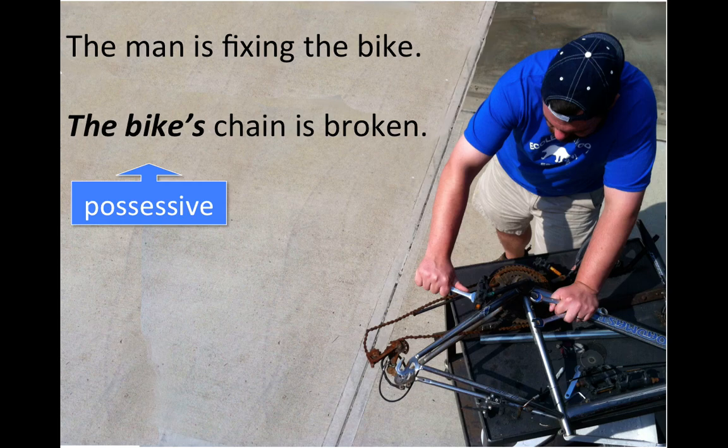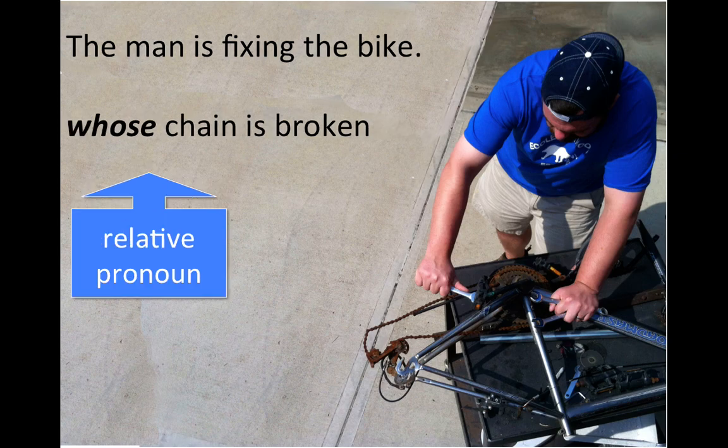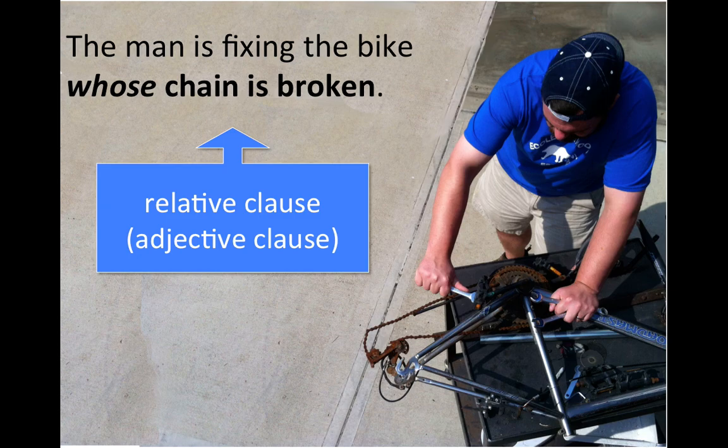The bike has a chain. So in this case, we replace the bike's with whose as well. Whose chain is broken. And we put that right after the bike because we're describing the bike, and we get the man is fixing the bike whose chain is broken. Even though bike is an object, it can still possess something. Be careful with these.